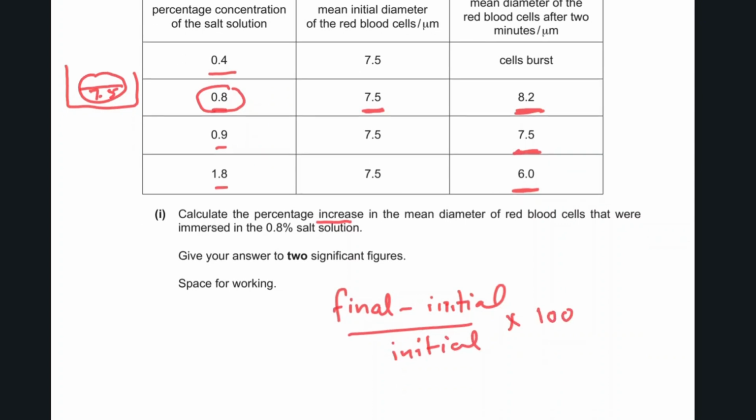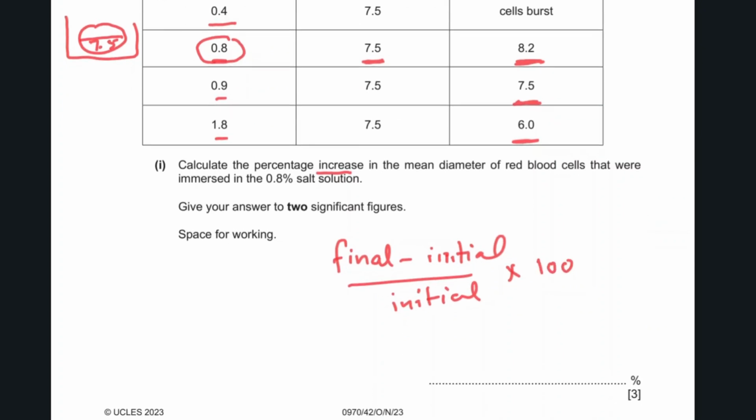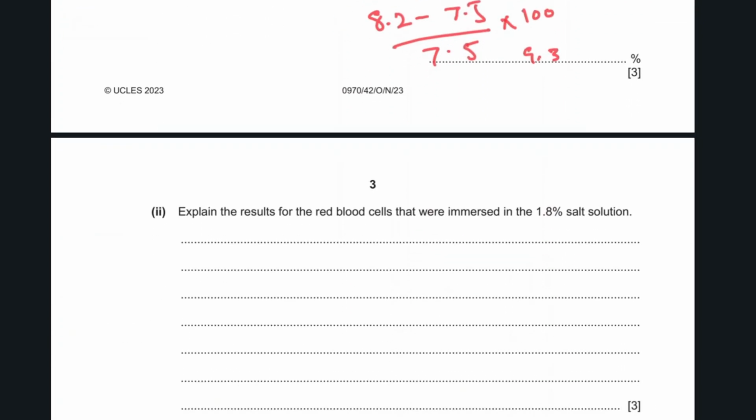So let's put the values. That will be 8.2 minus 7.5, divided by 7.5, times 100. So 9 point something will be the answer.